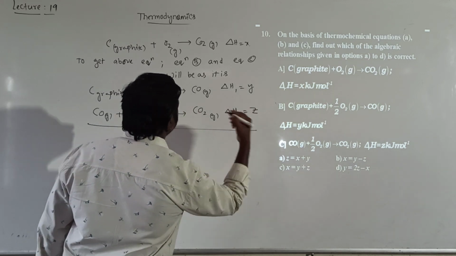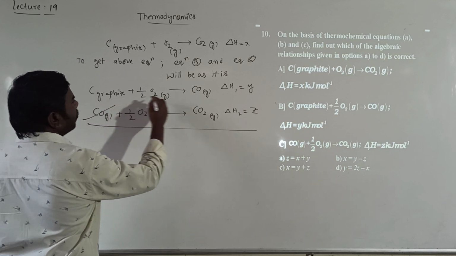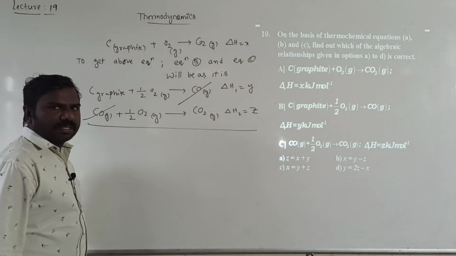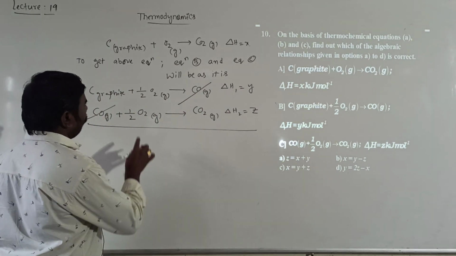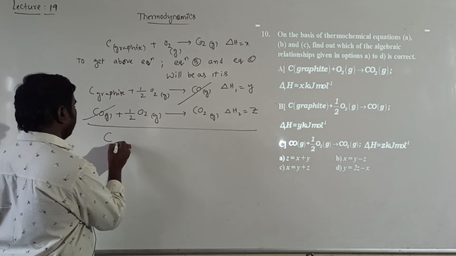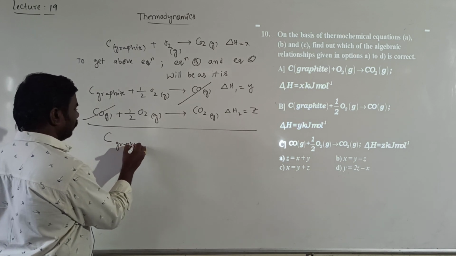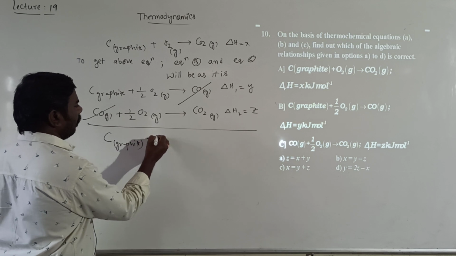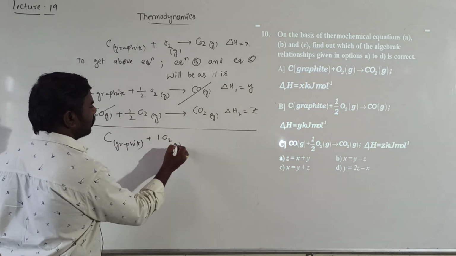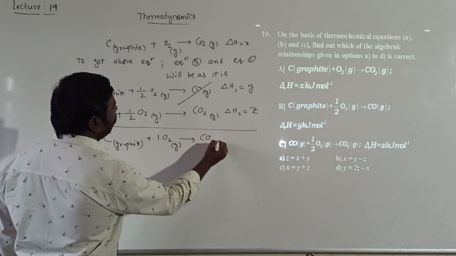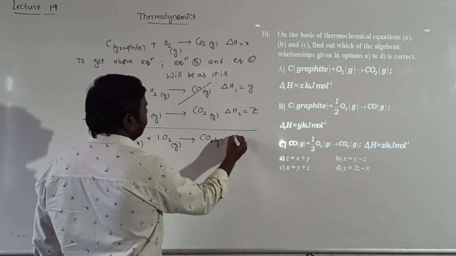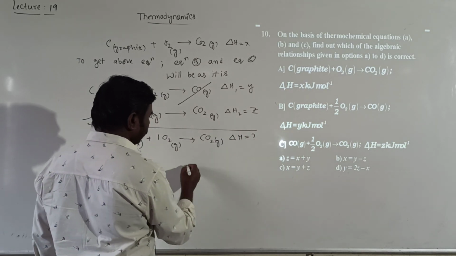So by these two, CO gas and CO gas will be cancelled, and half O2 plus half O2, that is 1 O2 gas, with C graphite gives rise to CO2 gas. This is delta H equal to how much?